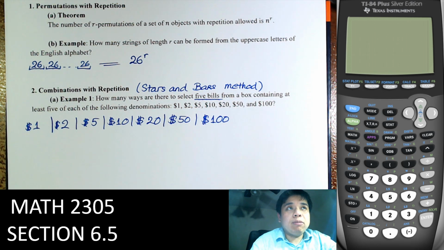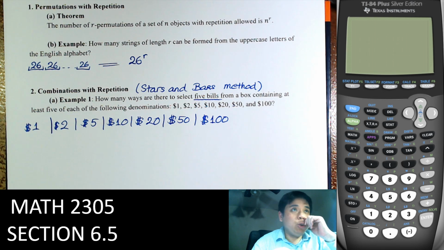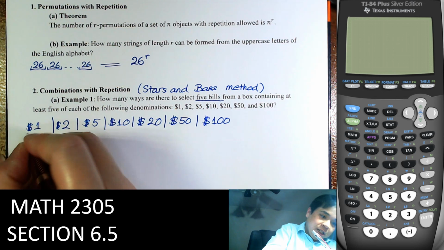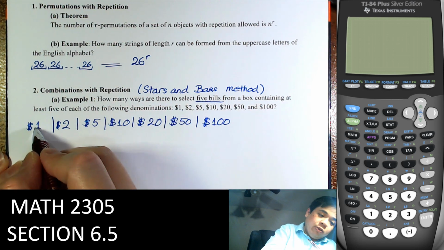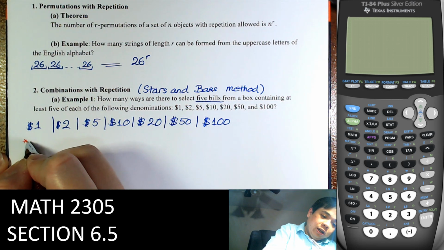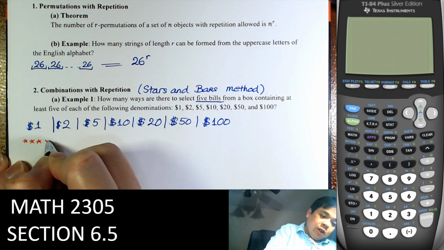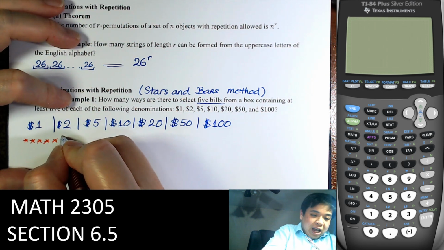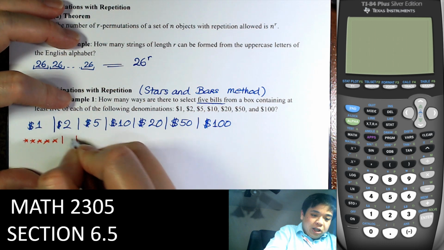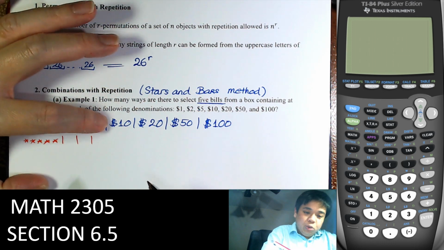By the way, let's say you choose all 5 $1 bills. For that I use a star to denote a dollar bill here, like 1, 2, 3, 4, and the fifth $1 bill. And after that I draw a dash, and there's nothing in between. So 1, 2, 3, 4, 5, 6.